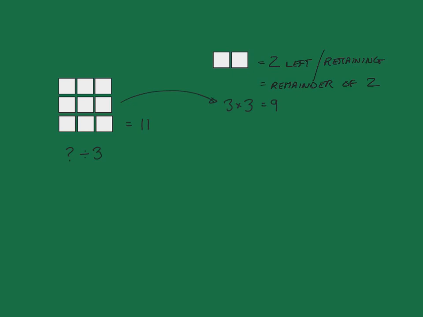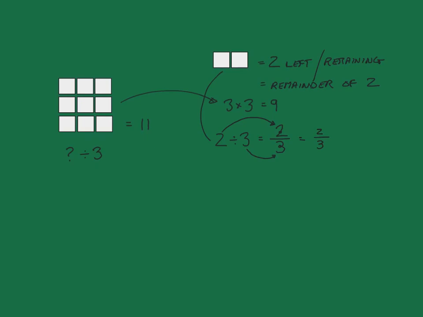But we're still supposed to be dividing these by 3. So what is 2 divided by 3? Well, we know what we're doing now. We can write the divide sign. We can put the 2 on the top, and we can put the 3 on the bottom. It's 2 over 3.